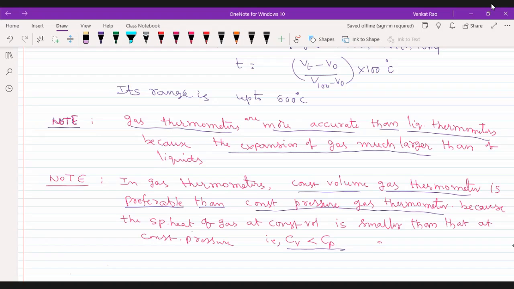We know that the ice point, in brackets melting point of ice, and steam point, within brackets boiling point of water, vary with pressure.